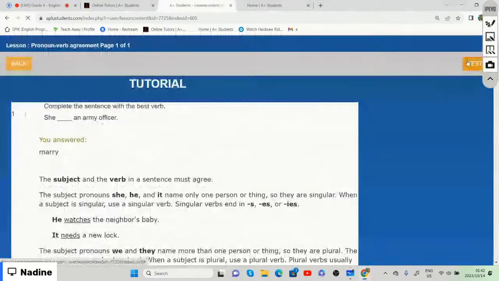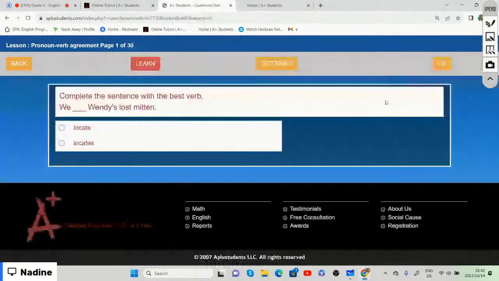Let's go to our test. We need to complete the sentence with the base verb. So do we say we locate Wendy's lost mitten, or we locates Wendy's lost mitten?